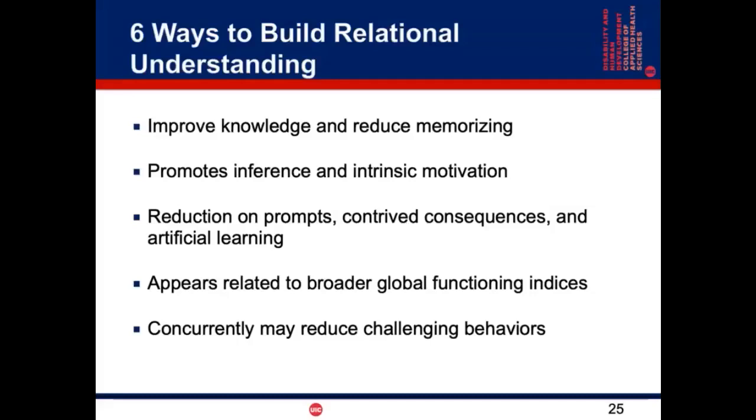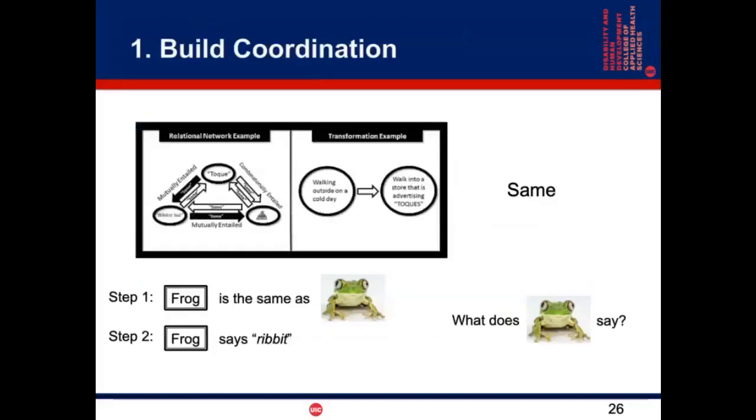Let's take a walk through these 6 ways briefly with my co-presenter, John, who is going to tell you about the 6 different ways that we can build skills and build a better understanding of a frog. But again, please keep in mind that this is just a frog, and anything in the world could be replaced in these diagrams. John?